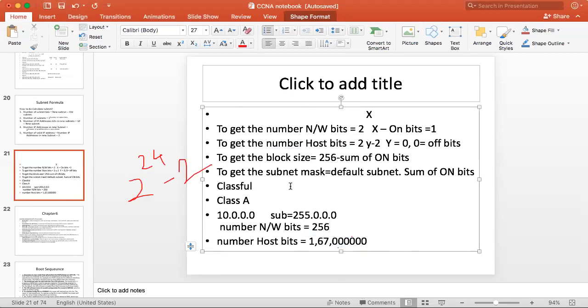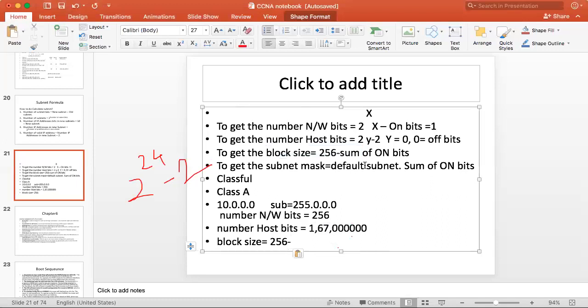Then to get the block size, it basically decides what will be the block of this network. So the block size will be 256, as I told you, minus the sum of on bits.